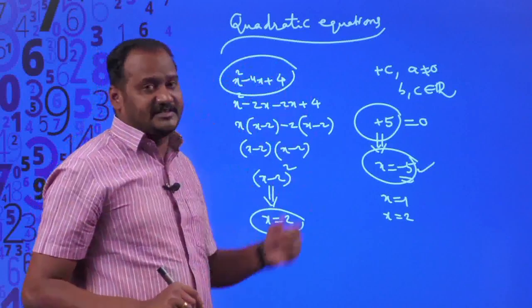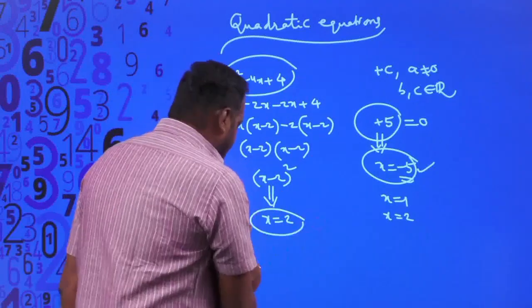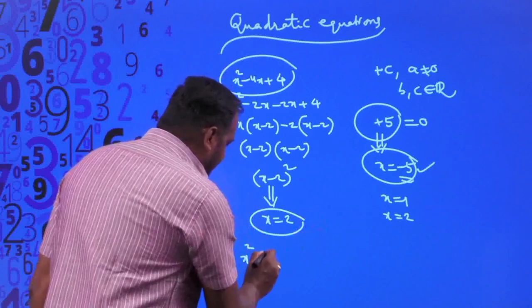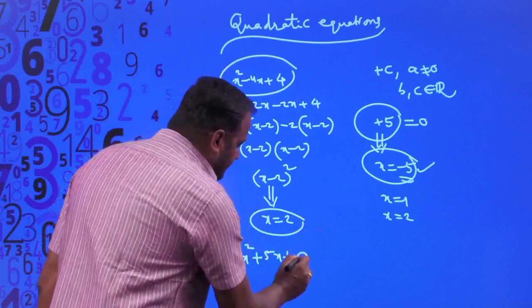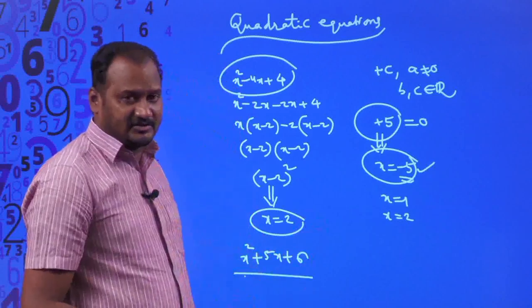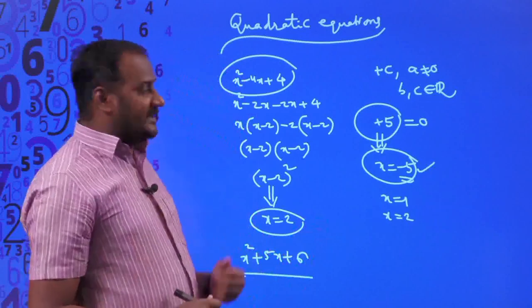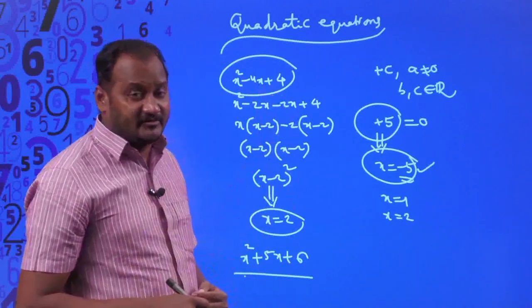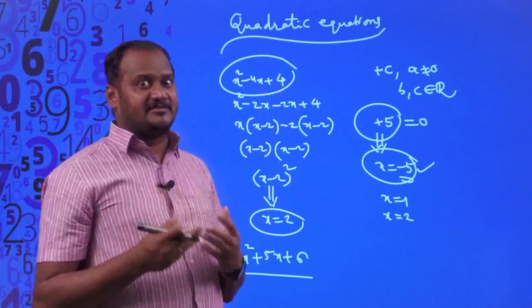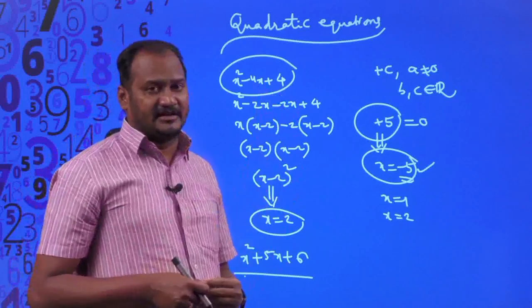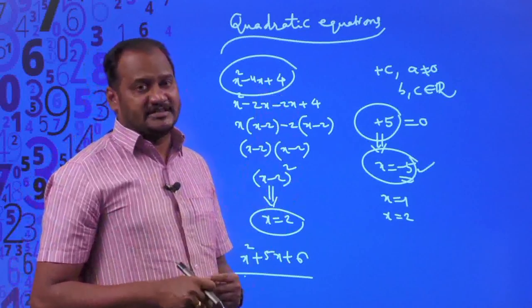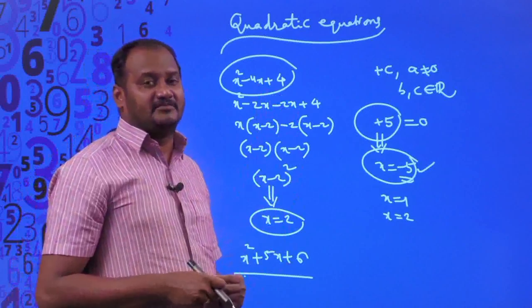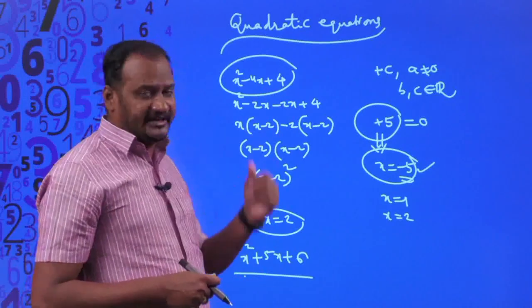But in the previous example, x square plus 5x plus 6, a second degree polynomial, becomes 0 for two values of x. But here it is 0 only for one value of x. That is why we can say that the maximum number of zeros of a second degree polynomial is 2. We should not say that exactly 2 is the number of zeros of a polynomial of degree 2.